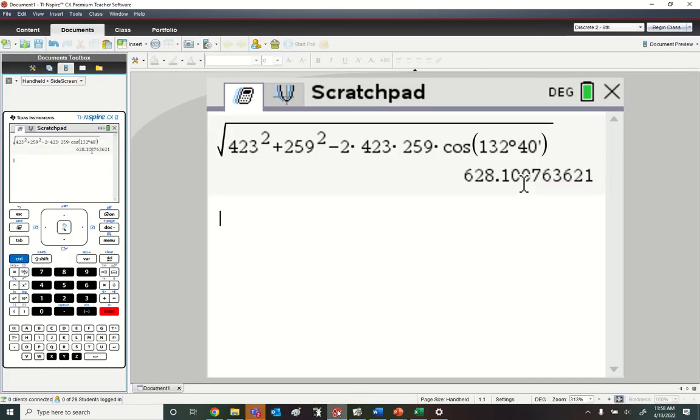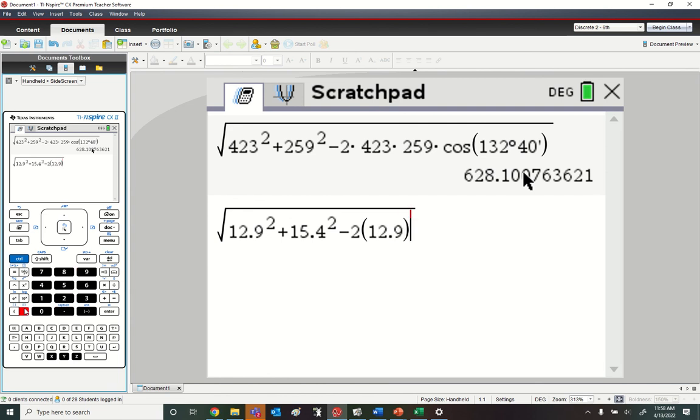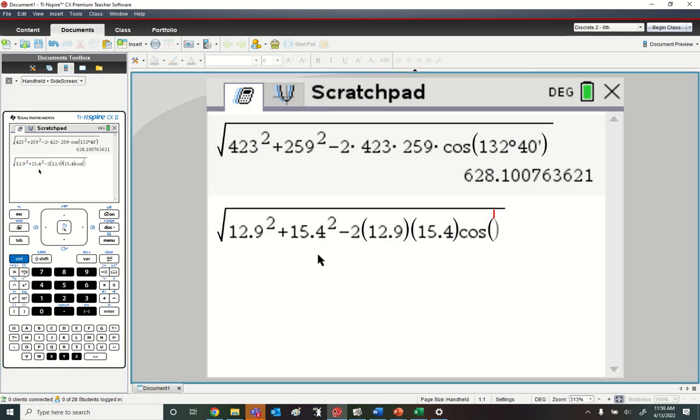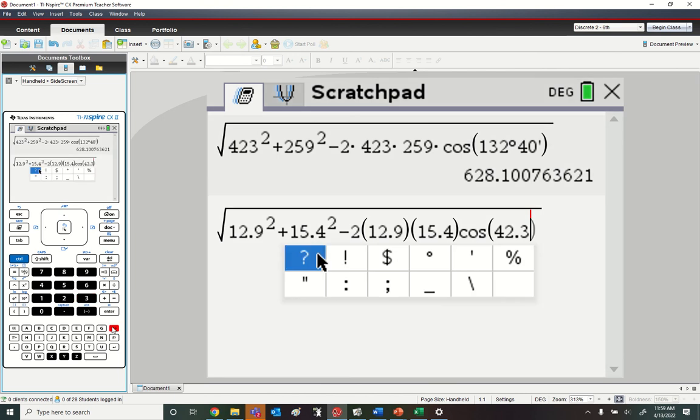There we go. So my control divide, and I'm going to go with my values, which is going to be 12.9 squared plus 15.4 squared minus 2 times 12.9 times 15.4 times cosine of 42.3, and make sure I add my degrees there.